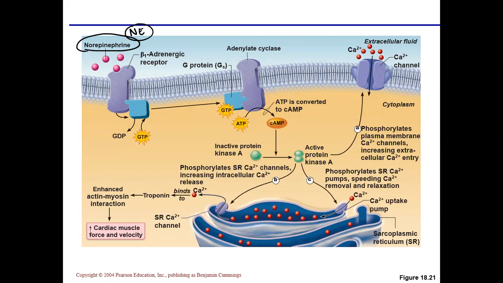In chapter 14, the autonomic nervous system, we learned that this could cause the muscle to contract more, and the heart rate is going to go up. It's a simple G-linked protein. So it binds to the receptor, and then it activates the G protein that activates the enzyme adenylate cyclase, and adenylate cyclase breaks down the ATP to cyclic AMP.